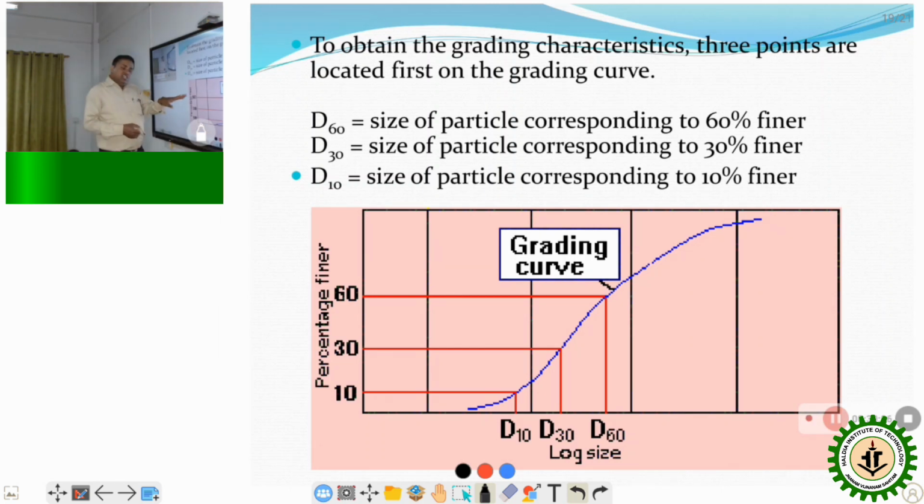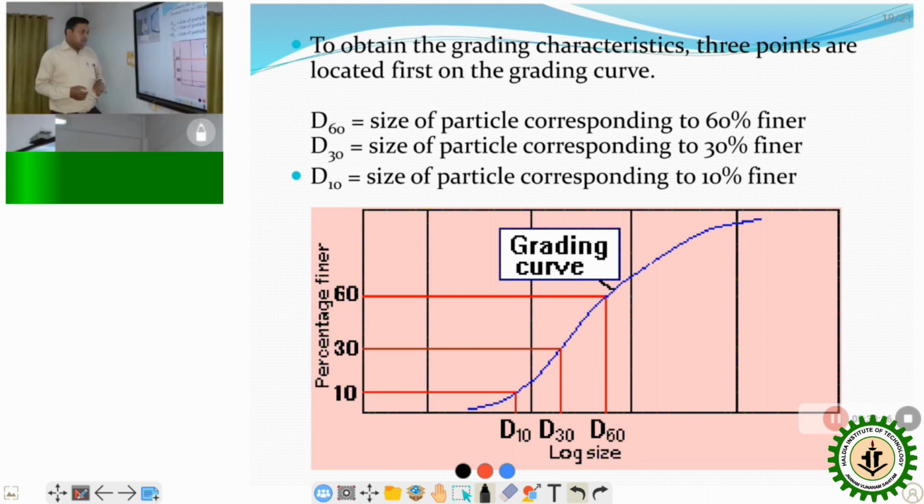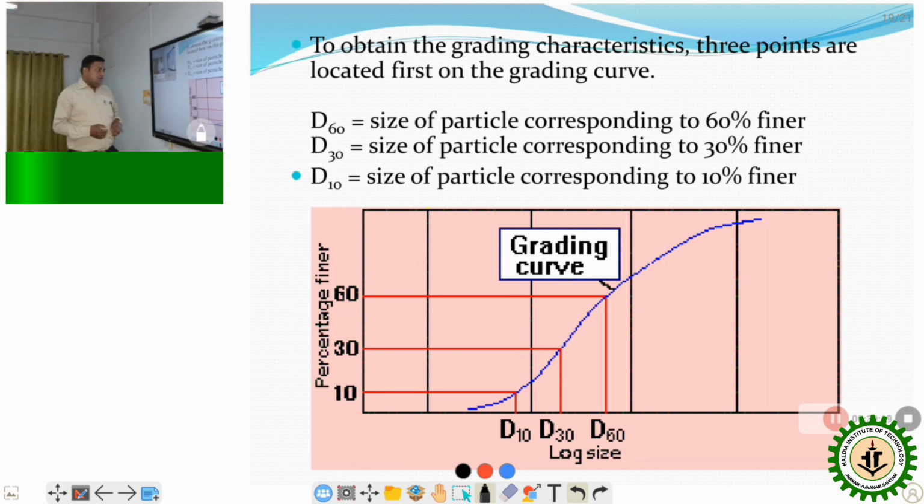From the grading curve or the GSD curve, now we can find out three important points, that is D10, D30 and D60. D10 is the size of particle corresponding to 10% finer.